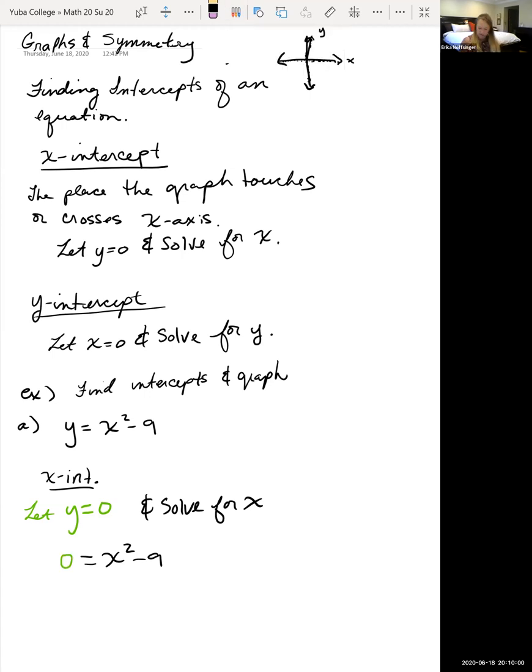I can either factor this, or I notice that I have a perfect square, so I can use my square root method. Either way, I would get the same result. I'm just going to factor it. So 0 is equal to, this is a difference of squares, x minus 3, x plus 3. So x is equal to 3, setting x minus 3 equal to 0, and x is equal to negative 3.